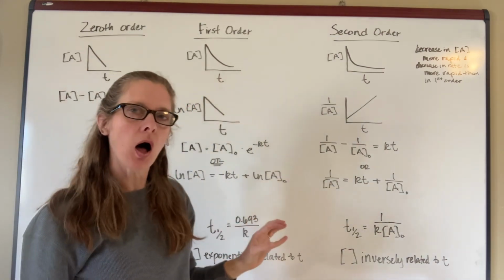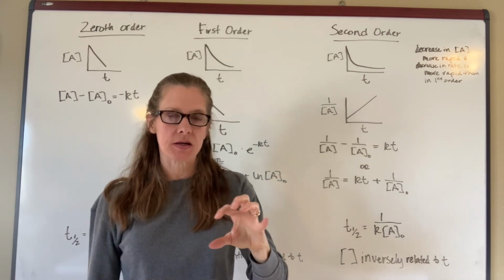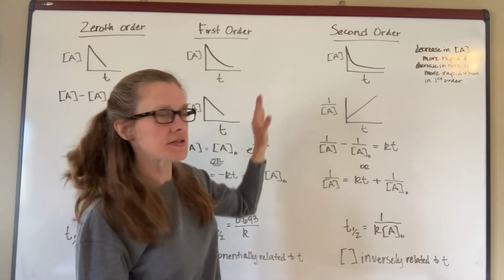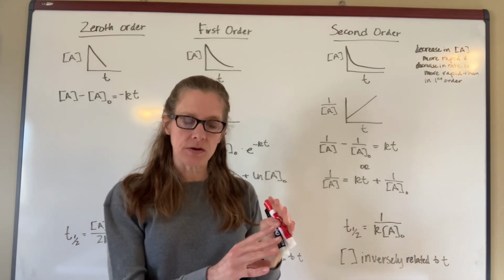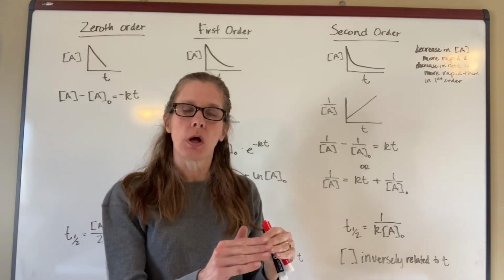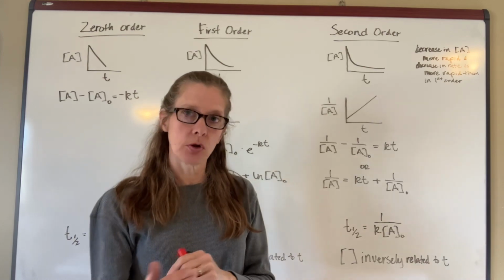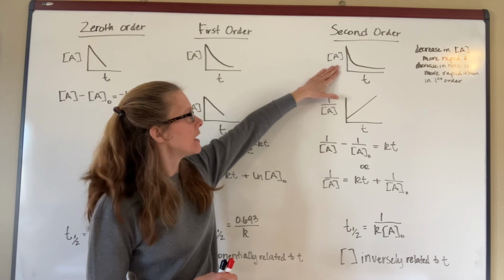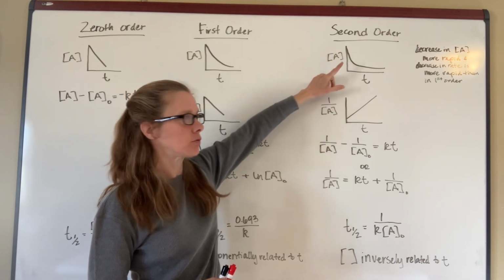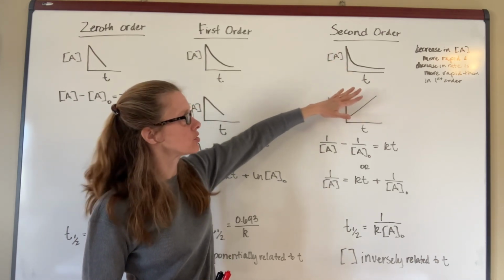And if you recall, part of that is because when you have a second order reaction, as the reactant concentration doubles, the rate quadruples. And so that explains why, as the concentration goes down, the rate goes down so much faster as well.